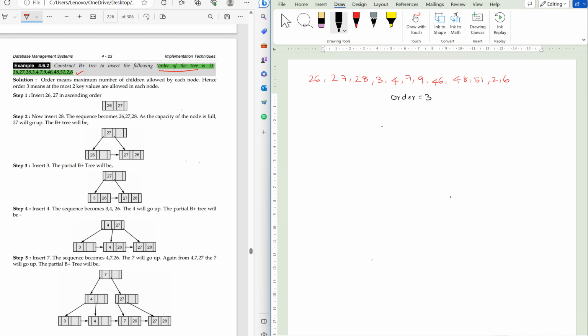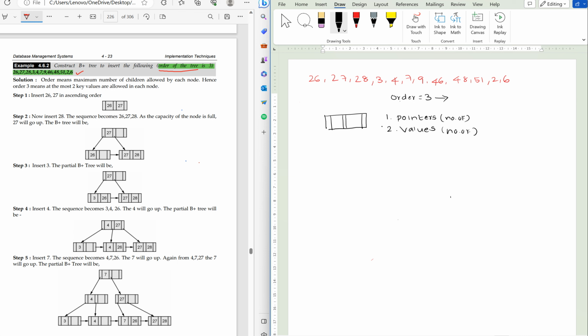Actually, a node in the B plus tree contains two things: first, pointers, and second, values. Based on this order, we determine the number of pointers as well as the number of values.